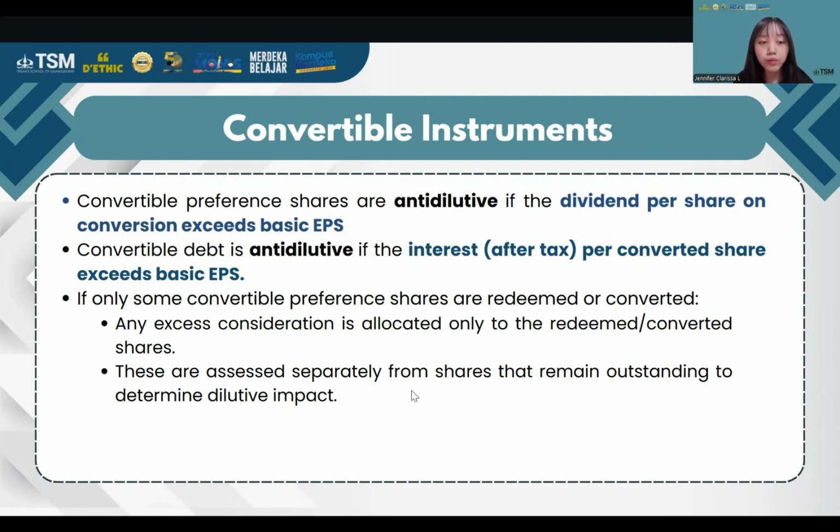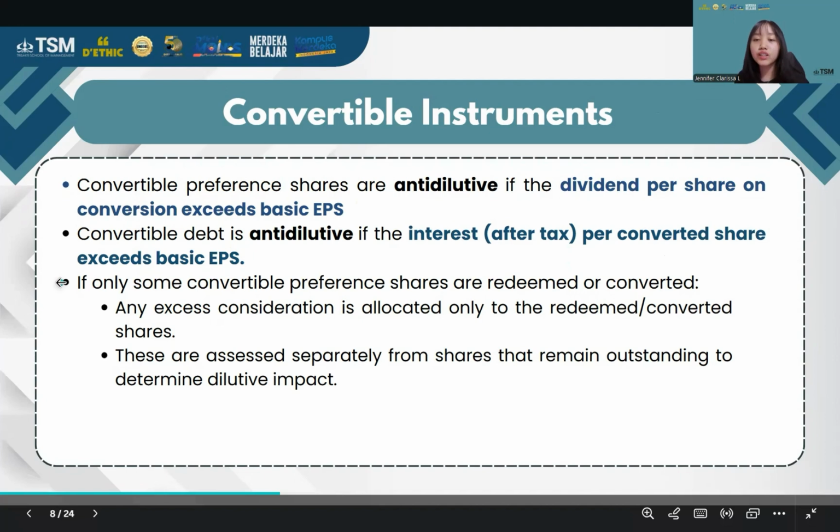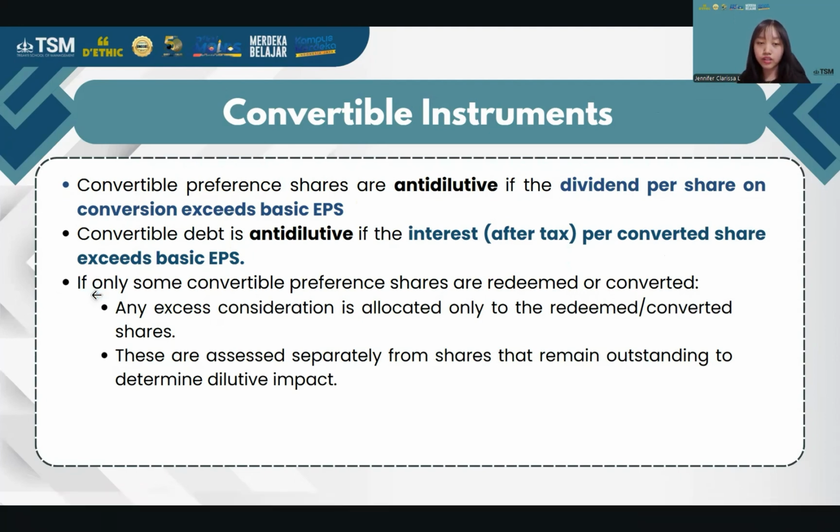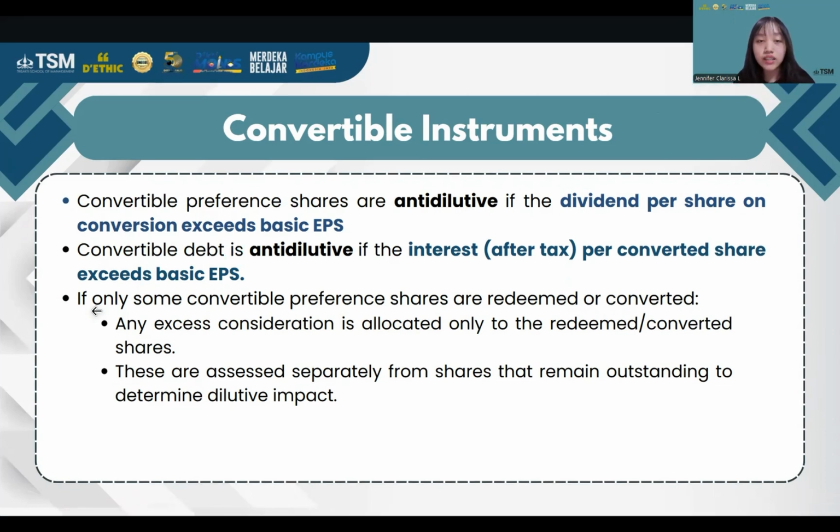Second, convertible debt is anti-dilutive if the interest after tax per converted share exceeds basic EPS. This is the same as previous: if converting the debt causes more interest expense than the basic EPS, it can reduce the EPS, so it's not included in the diluted EPS.